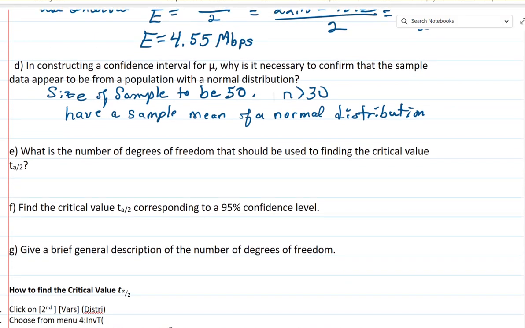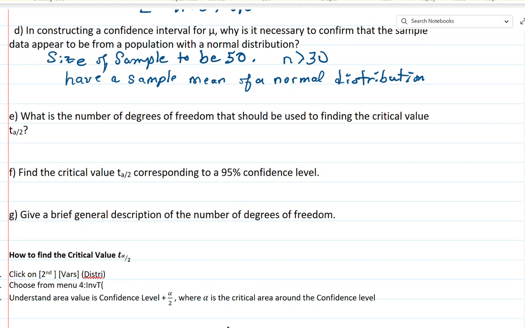All right. What is the number of degrees of freedom that should be used to find the critical value t sub alpha divided by 2? Well, it would be the 50 minus the 1. So 49 is the degree of freedom. And remember, we did this before when we do a sample set.